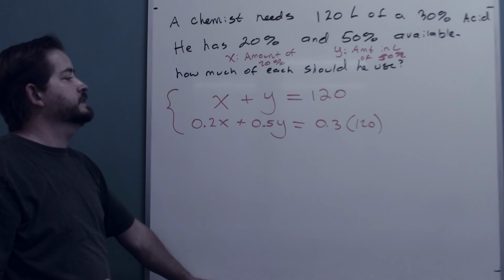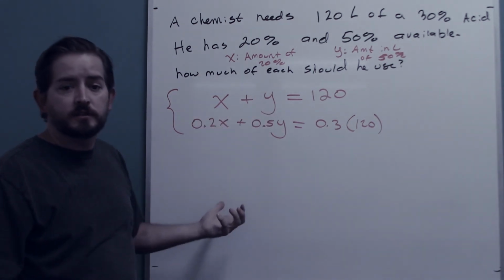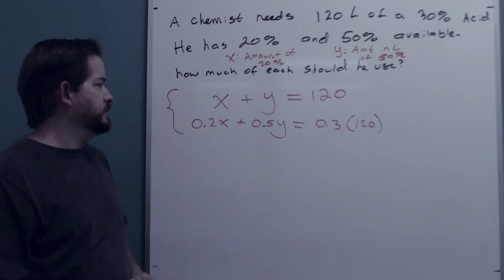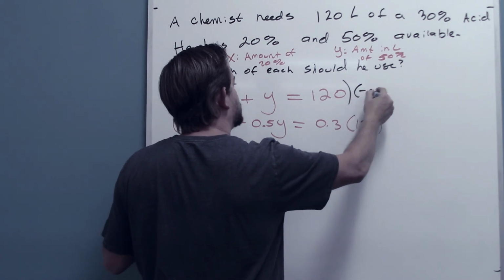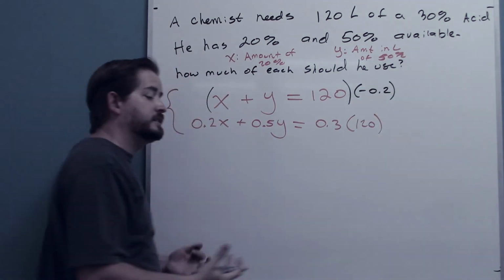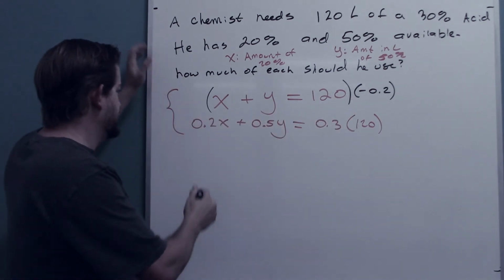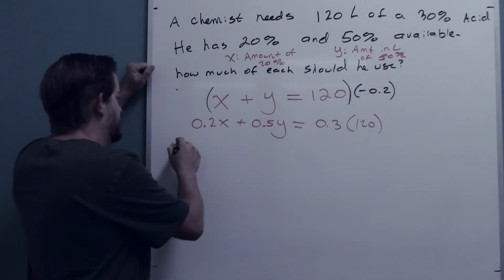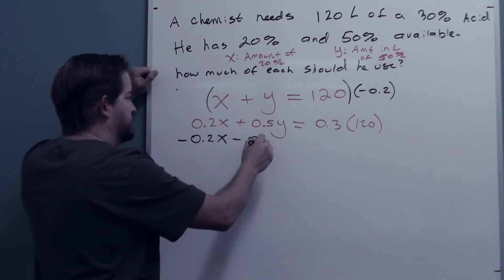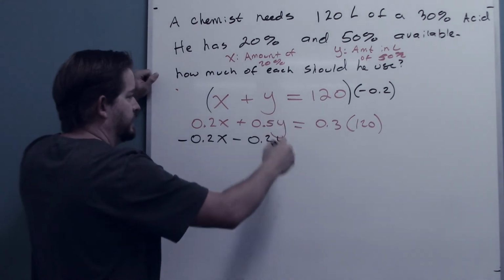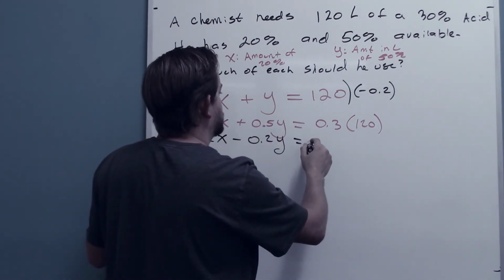And if I'm doing this system, you can set this up easy enough to do a substitution, right? Let's do this one not as a substitution though. What I'm going to do is multiply this equation by negative 0.2. I'm going to set this up for an elimination. Because negative 0.2 times x is negative 0.2x minus 0.2y, and then equals negative 24.